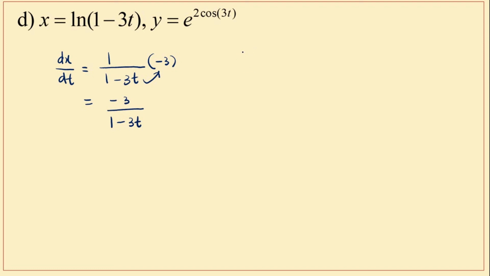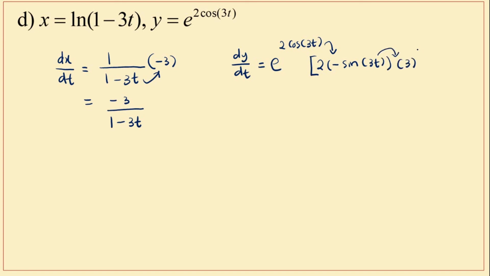Next, for our y equation, dy over dt, since we have an exponential function here, just follow our rules: copy everything back, so e to the power of 2 cos 3t. Now we differentiate, so we will have 2 times negative sine of 3t times 3. Don't forget, we have 3 stages here.